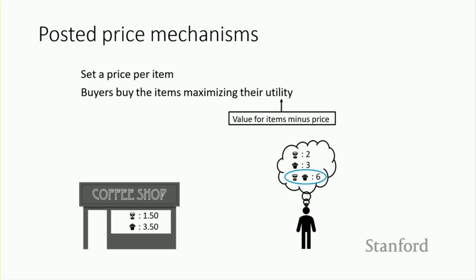To them, they've increased their utility, right? Because they're willing to pay 6, and your total price for the items together is 5. So the price is less than their internal value, and the utility here would be 6 minus 5 is 1. That's their win.